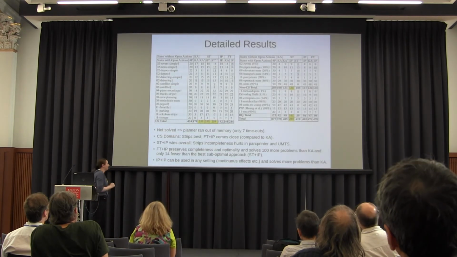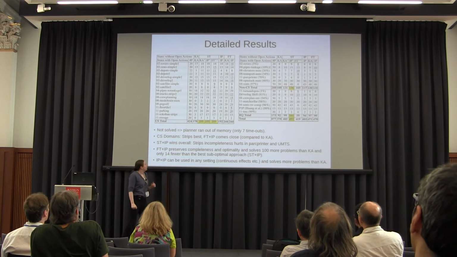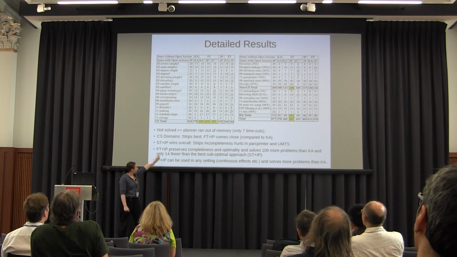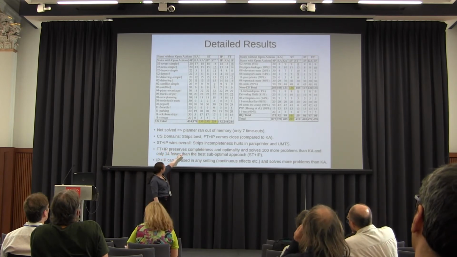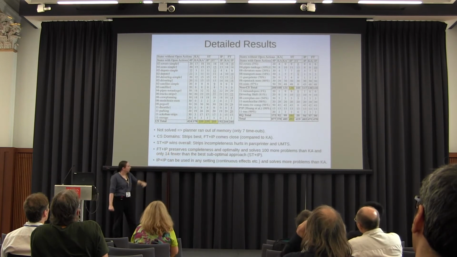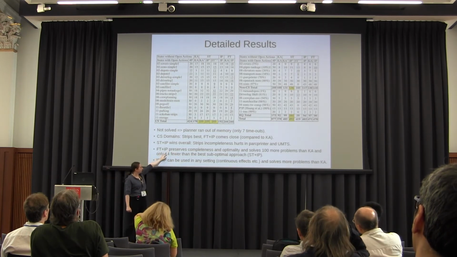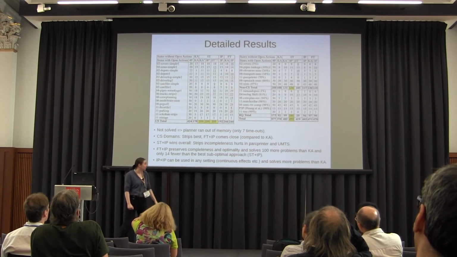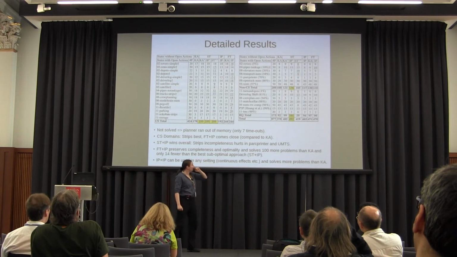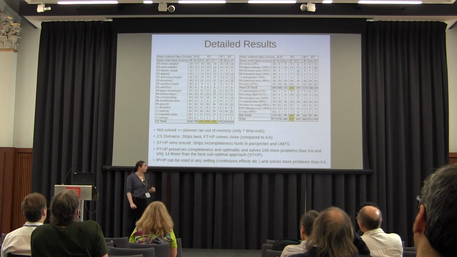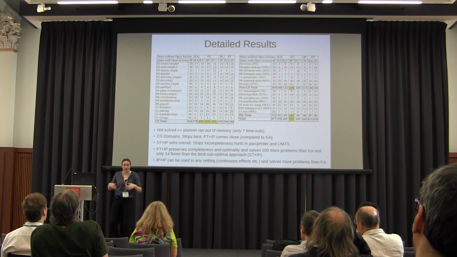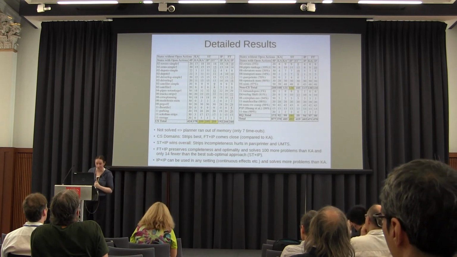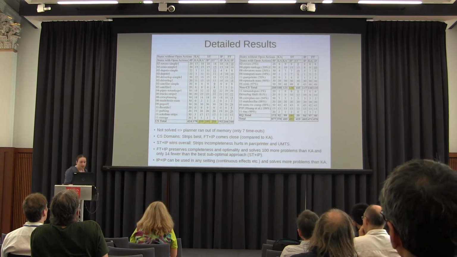I'll just give you the headline summary of the results then. Overall, with fact availability times plus isomorphism pruning, we preserve completeness and optimality, and we're solving 100 more problems in total than keeping all states, and we actually beat doing strict pruning overall because of the problems lost to incompleteness.